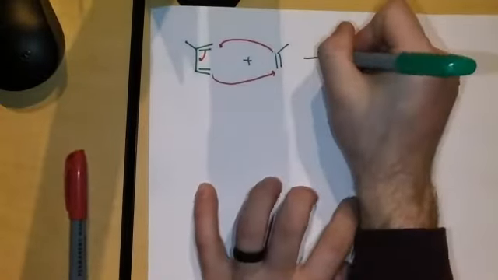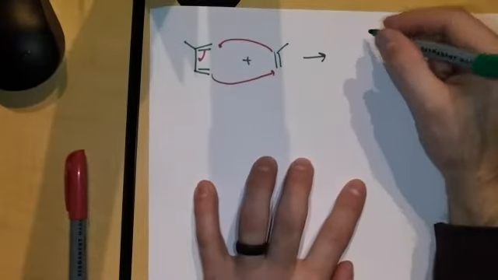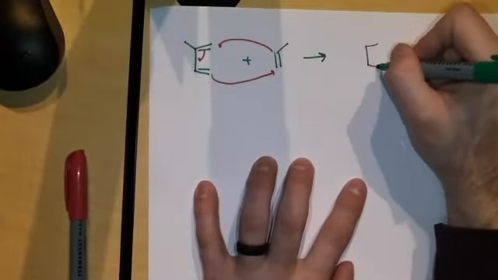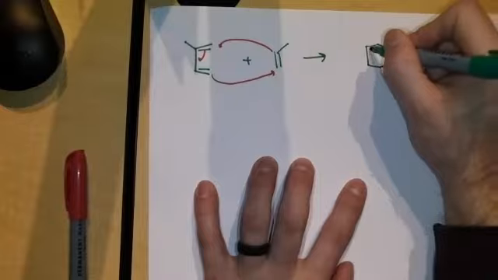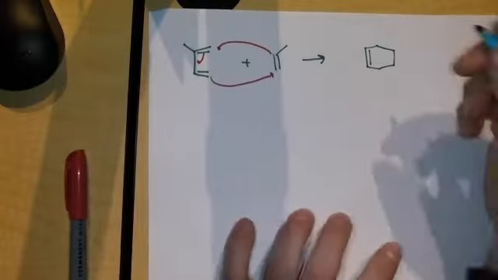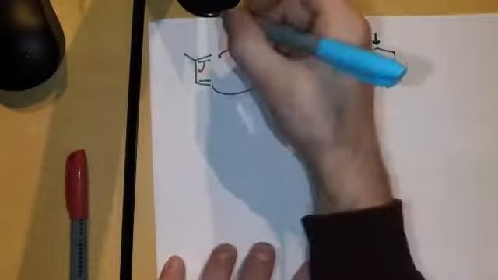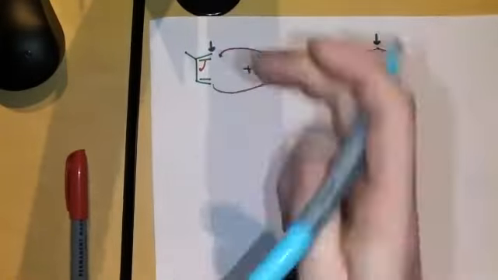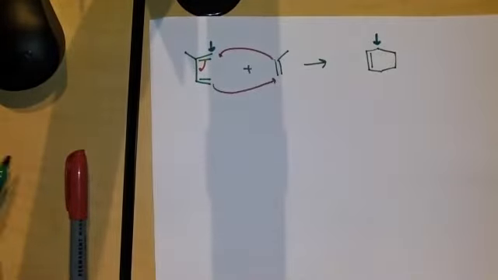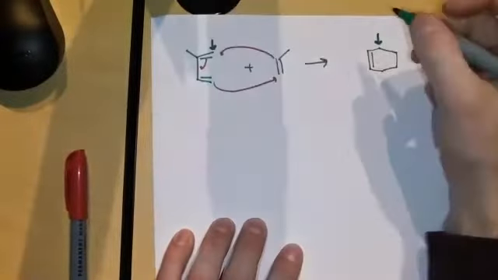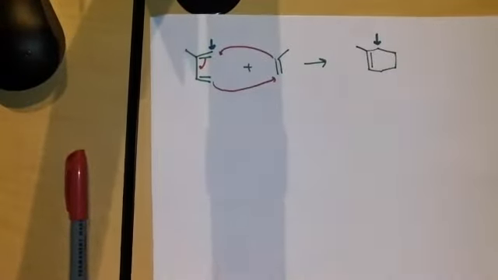We can make a 6-membered ring with a double bond. If we think of this carbon here as being this carbon here, the methyl group we drew over here should be here.